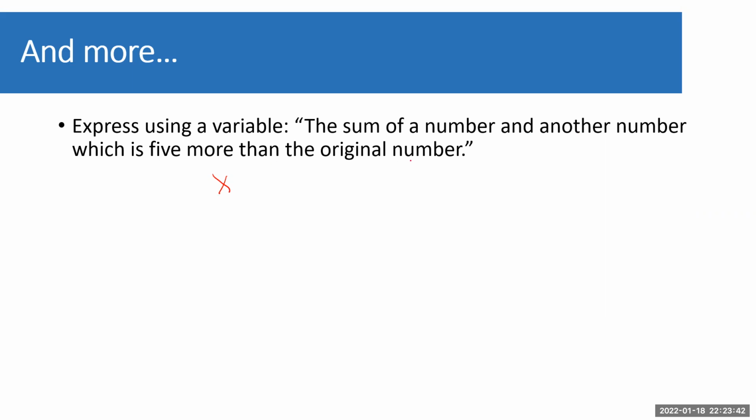So what's 5 more than x? Well, it's going to be x plus 5. And we want the sum, so we're going to have x plus x plus 5. You could even put parentheses here for that second number. Okay. If you wanted to simplify this, you could say, well, that's going to give us 2x plus 5. Because combining like terms, we can only combine the x's.